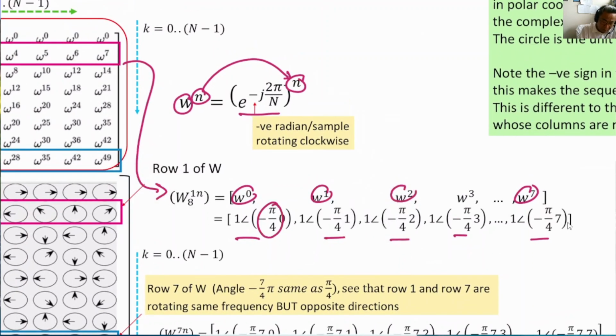Let's go and work out why this is so. Let's substitute here capital N equals 8, because this is what we are playing with in this matrix. Minus 2 pi over 8. And here we are talking about k equals 1, the k equals 1 row of W. And therefore this is minus pi over 4.